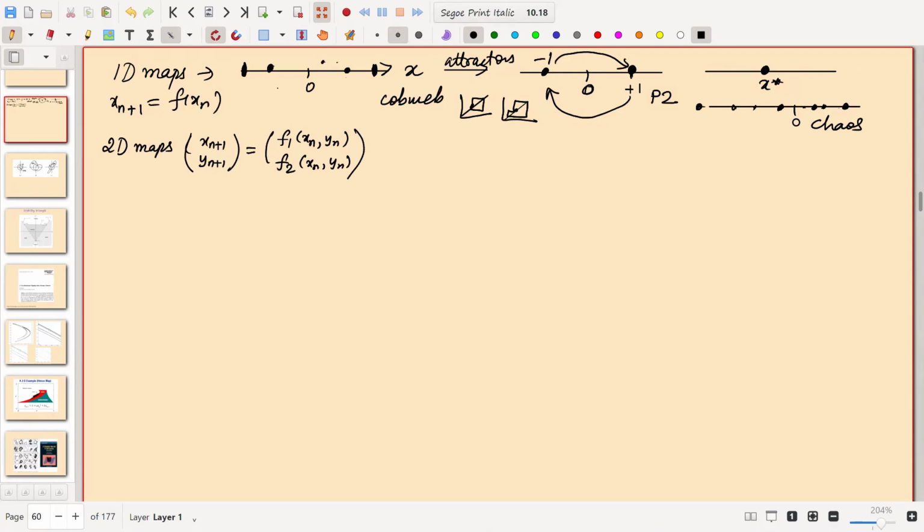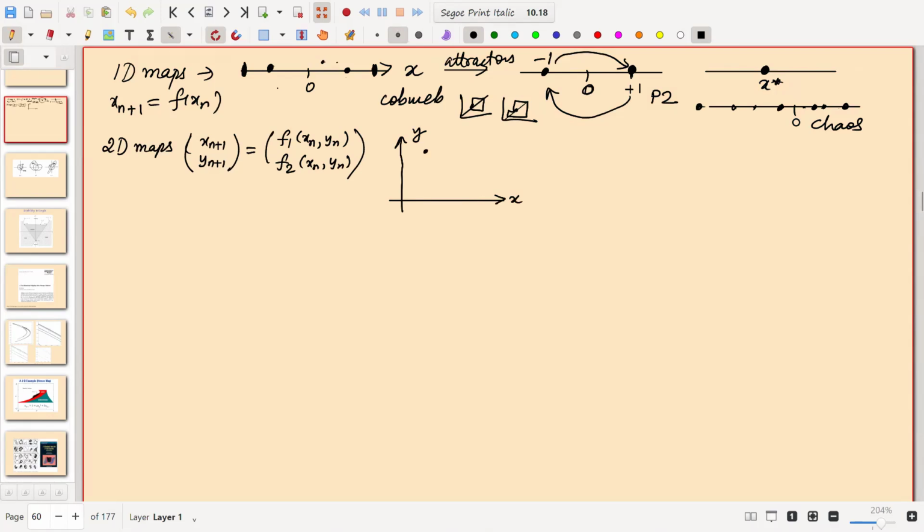You got the idea. Why are 2D maps interesting? Because whatever attractor occurs, you can easily visualize it on the 2D plane x y.